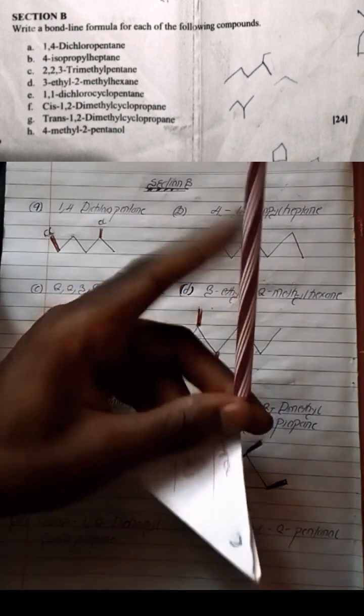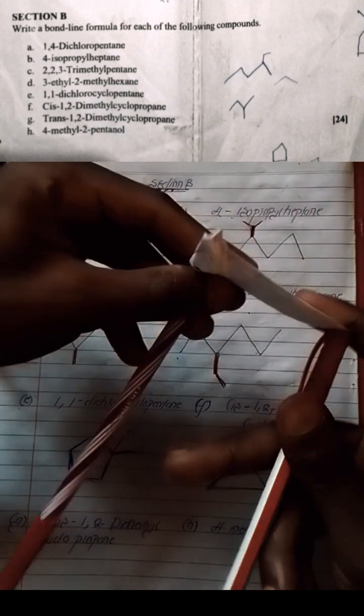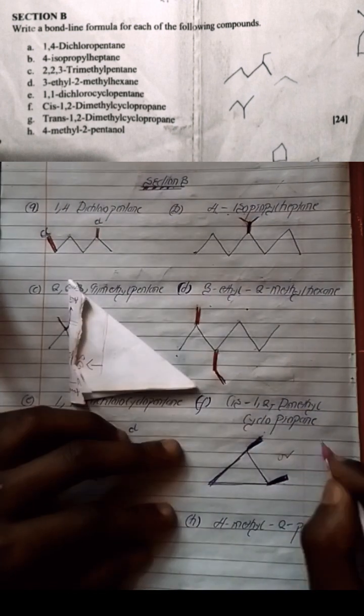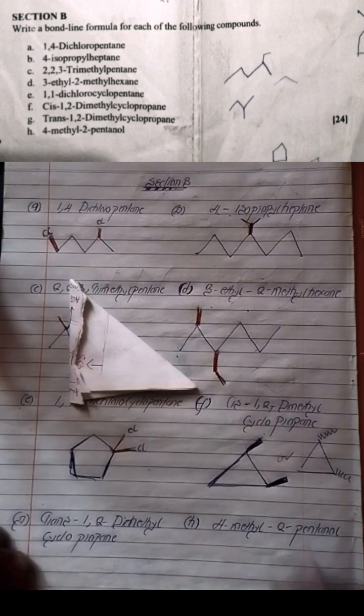However, it's also correct to draw this, because they would still be on the same side. The other individual who would dash both of them would also be correct. So let's go to the next one.